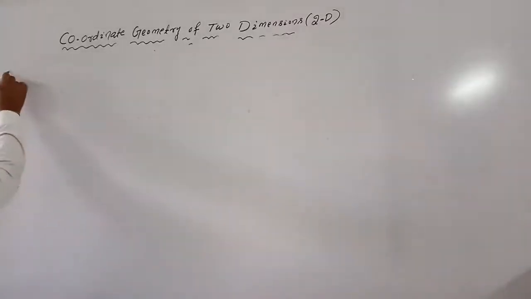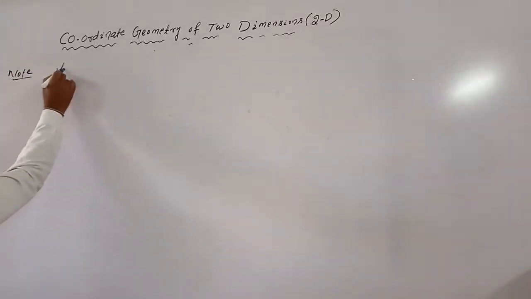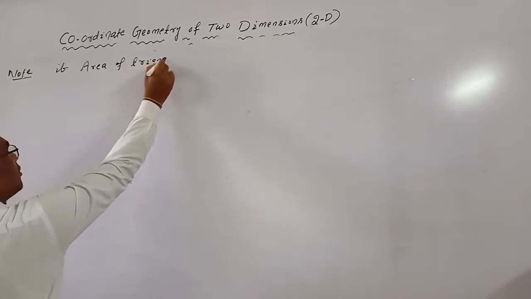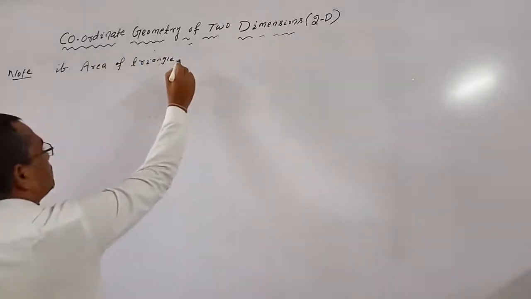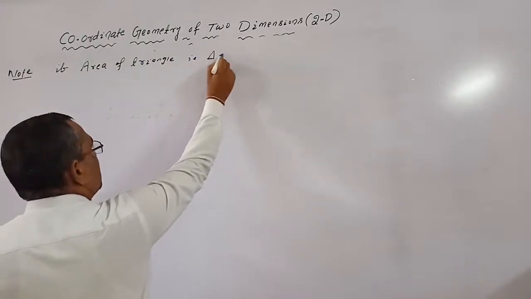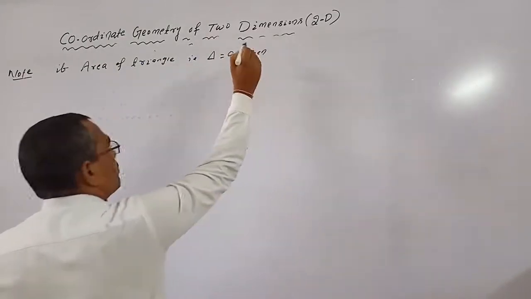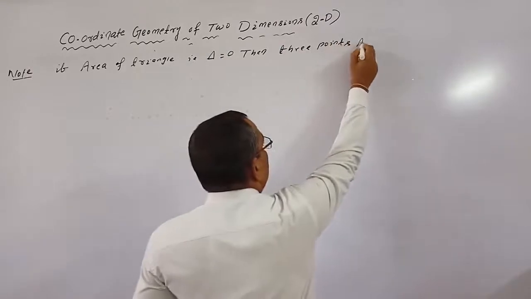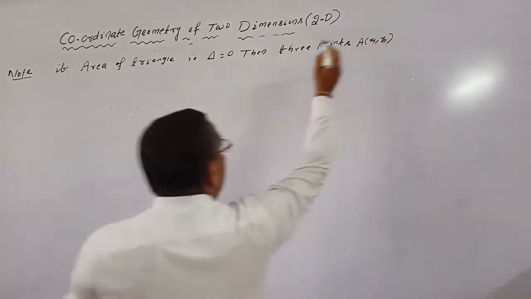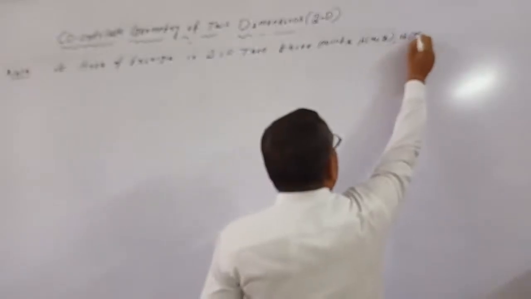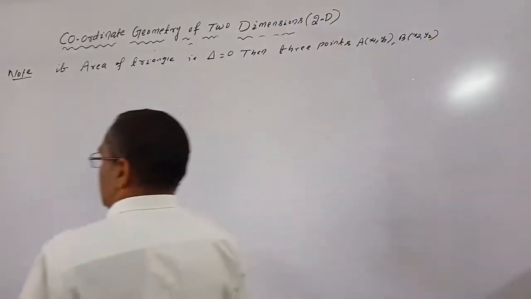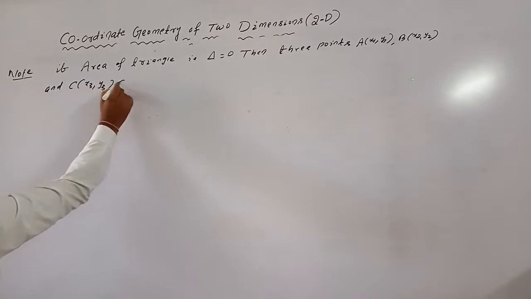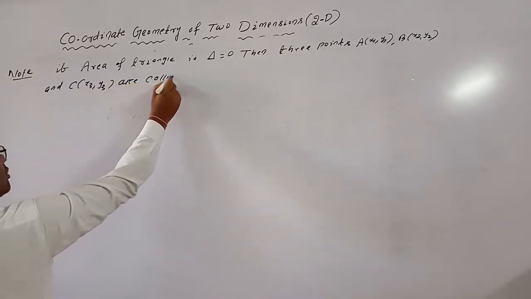Note: if the area of a triangle, that is delta, equals 0, then the 3 points A(x1, y1), B(x2, y2) and C(x3, y3) are collinear.